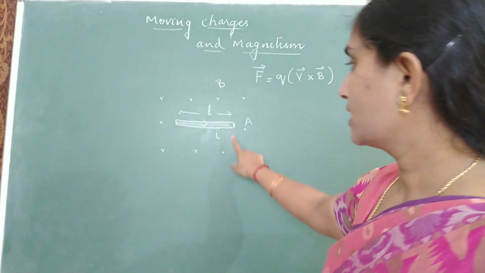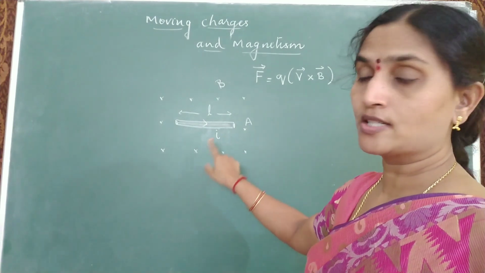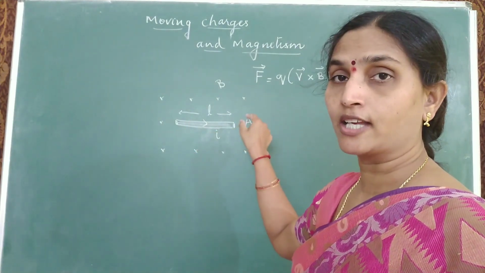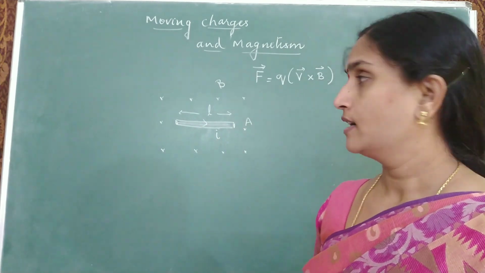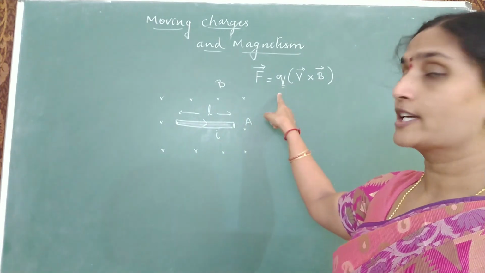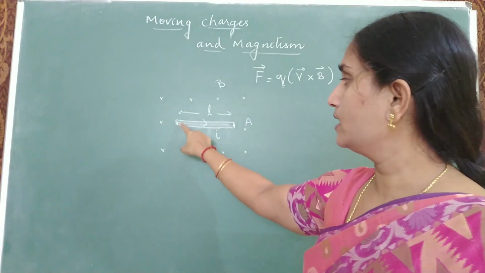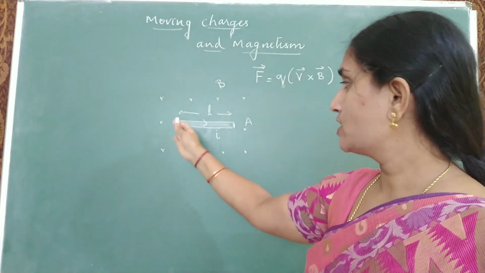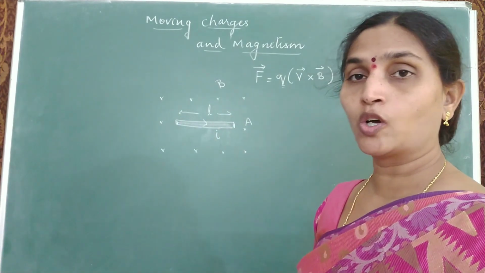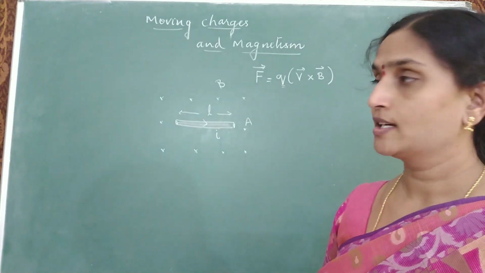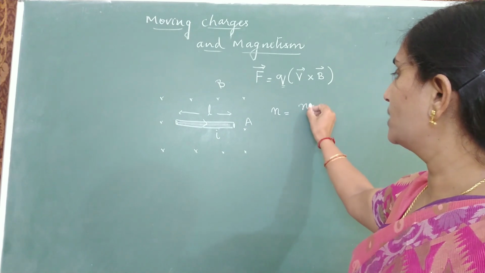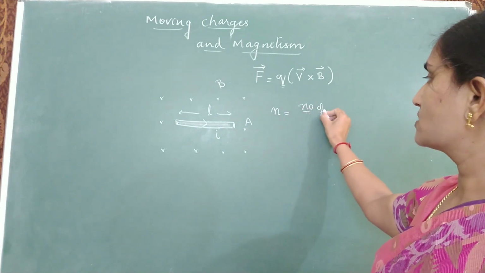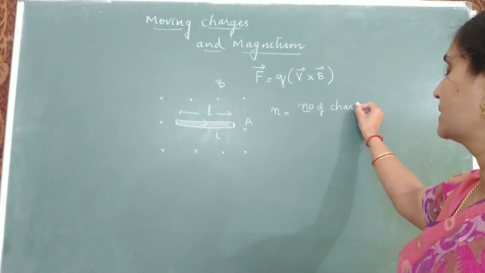Now, since a current carrying conductor consists of a number of mobile charge carriers, that is the free electrons, which are moving with a drift speed, and as each charge will experience a force, all the mobile charge carriers moving with a drift speed will also experience a magnetic force. If I take the number density as n, we know number density is the number of charge carriers per unit volume.